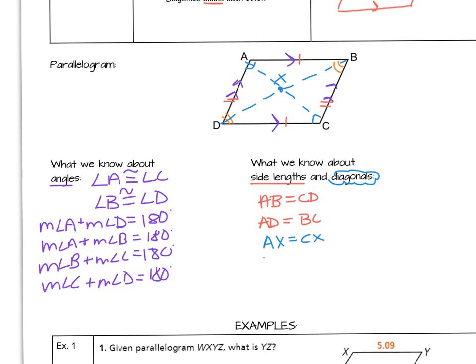And DX is equal to BX. That's what we know about the side lengths and diagonals in a parallelogram. What we have to also recognize is that AC doesn't necessarily equal DB. That won't be true unless it's a different type of quadrilateral.